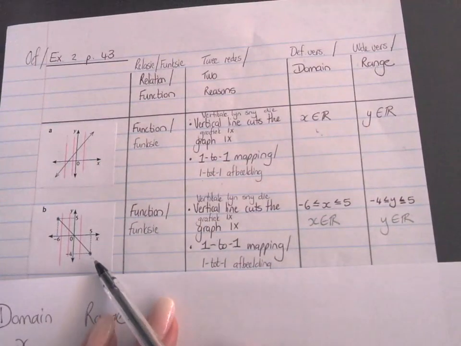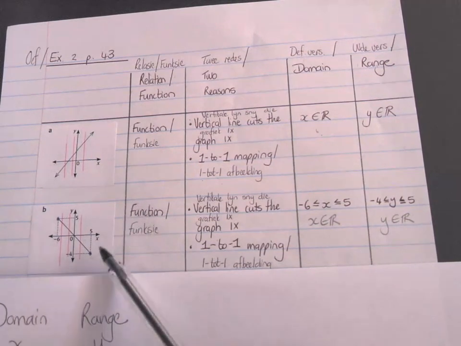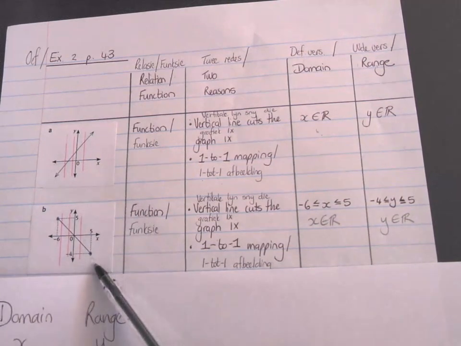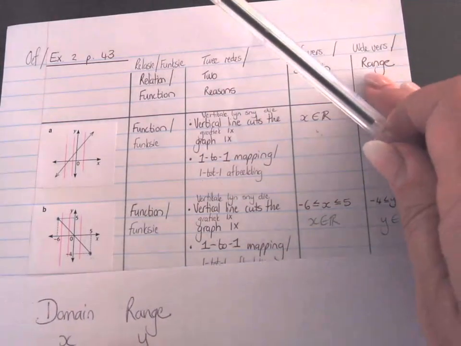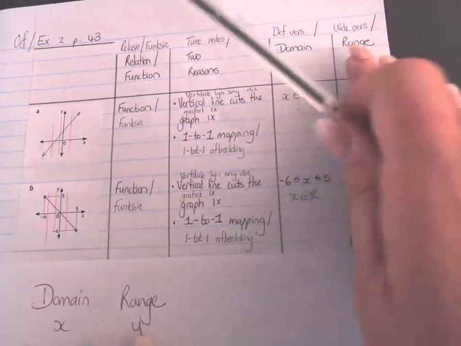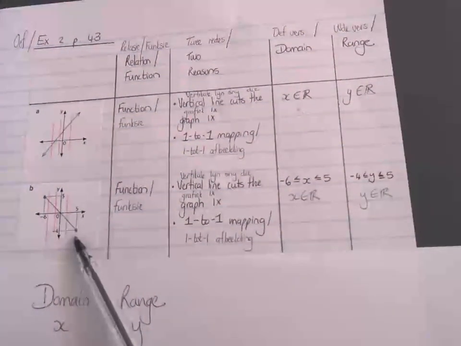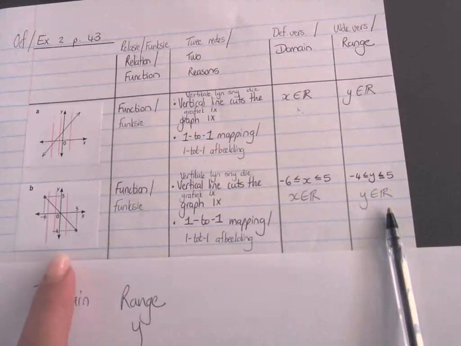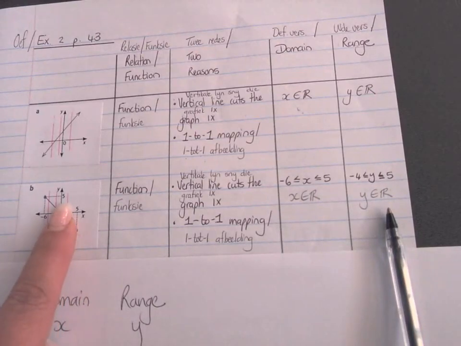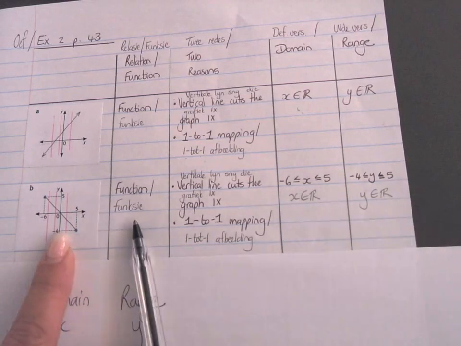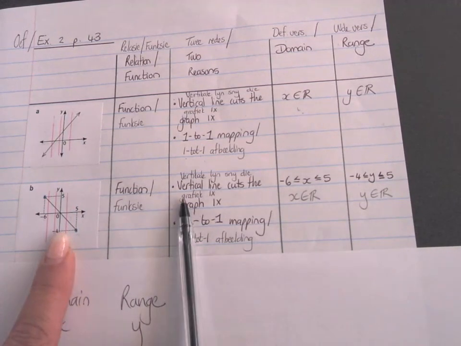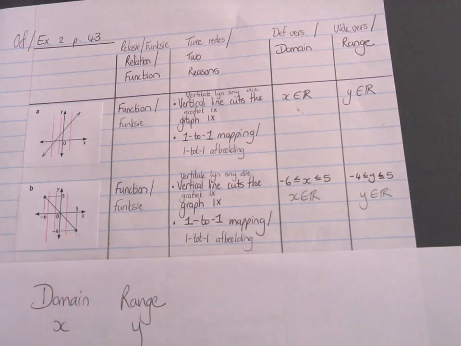The dots are closed, so it's an equal. If the dots are open, you have to paste in your errata. And then the y will be from -4 up until 5. Again, it's a function and it's a one-to-one mapping. The vertical line cuts the graph once every time.